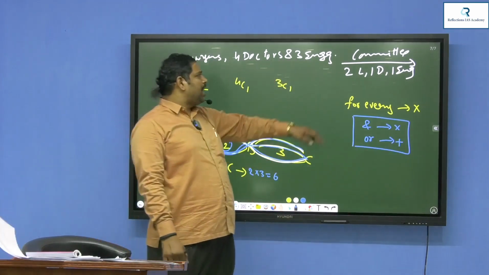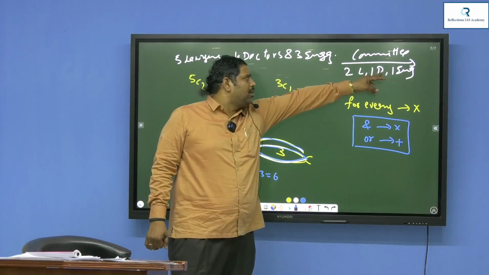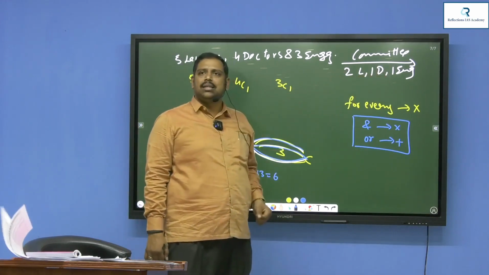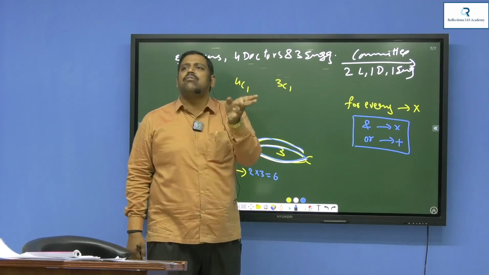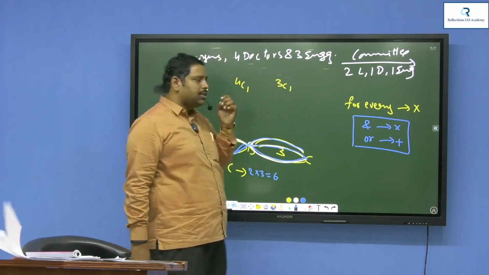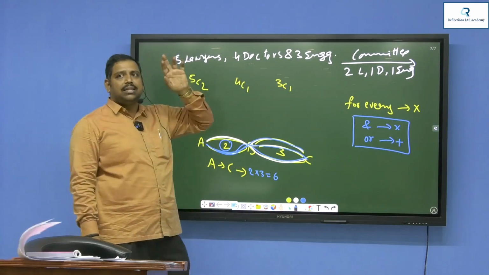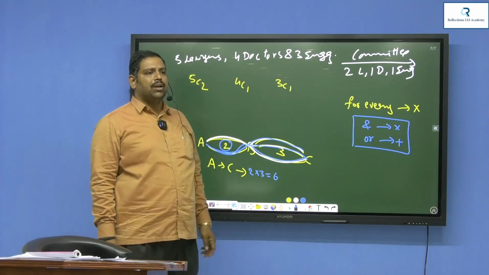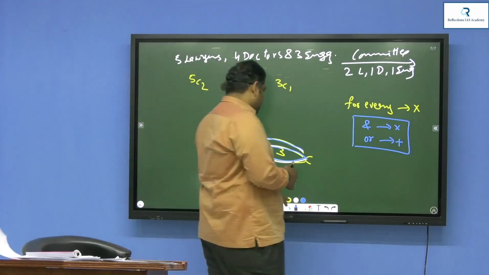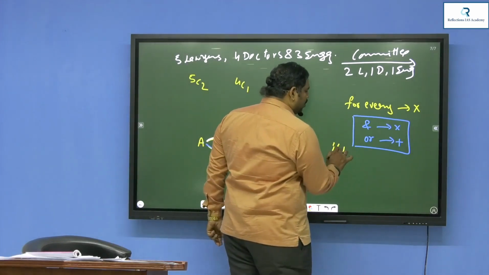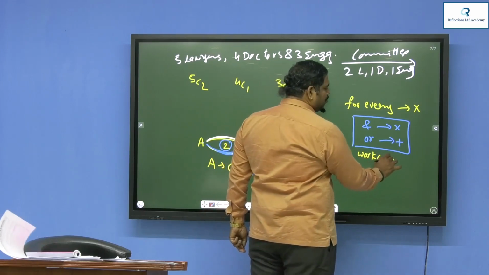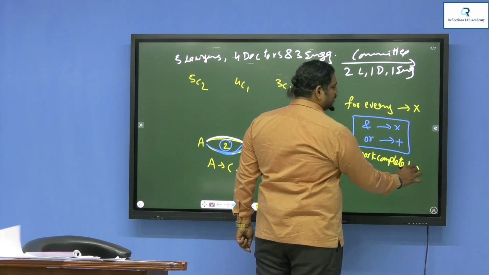Next one. This is one beautiful way to do this. Observe that I have to select 2 lawyers, 1 doctor and 1 engineer. That means 2 lawyers and 1 doctor and 1 engineer. And means plus or into? So now tell me, is this into or plus? The procedure that I mostly follow is: if the work is completed, plus.